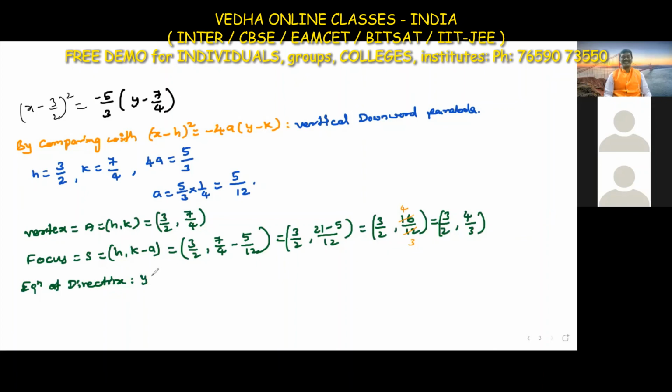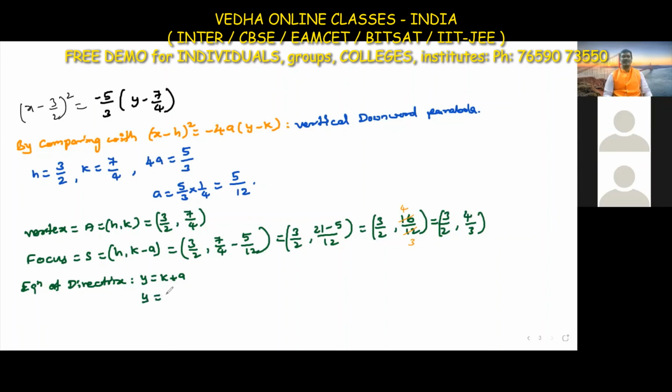Tell me once again. y is equal to k plus a, sir. Very good. Here the focus and directrix coordinates are approximately similar. For the focus we subtract a from the y coordinate, so at the same time, an equal distance, we add a to k to get the directrix. y is equal to k plus a, or y minus k minus a equal to 0. Instead of that, remembering it like this is better.